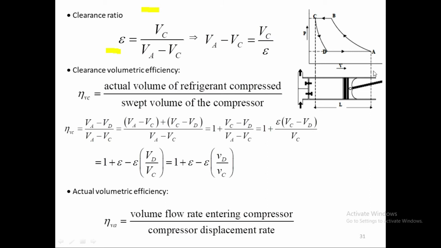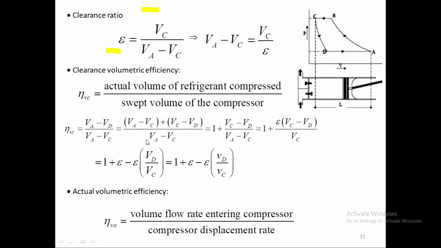The swept volume is the entire volume up to the L, and the actual volume of the refrigerant which will be compressed will be less than that, because it will be D to A. So VA minus VD is the actual volume of the refrigerant which will be compressed, not VA minus VC, because up to D is the previous gas which was trapped here and has expanded, so we are not going to consider that. Divided by VA minus VC, which is the swept volume.